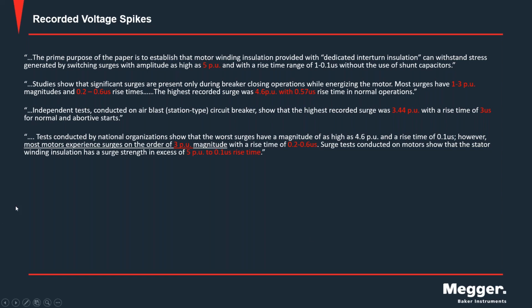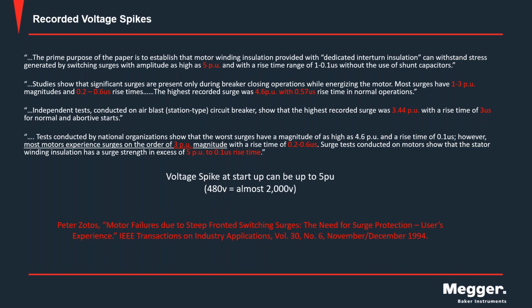Here we see stator winding insulation has surge strength in excess of 5 per unit with a rise time of 0.1. So voltage spikes can be as high as 5 per unit. These kinds of studies and others help us form where we want to take our voltage to in doing our testing.